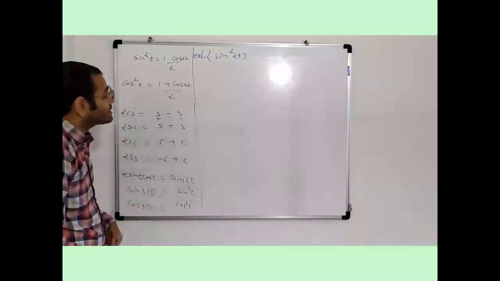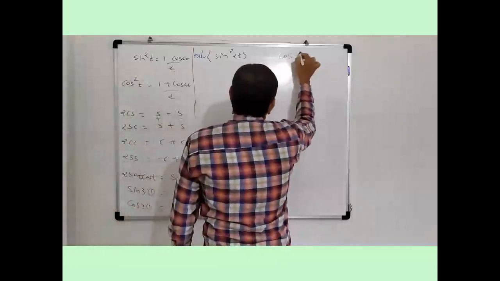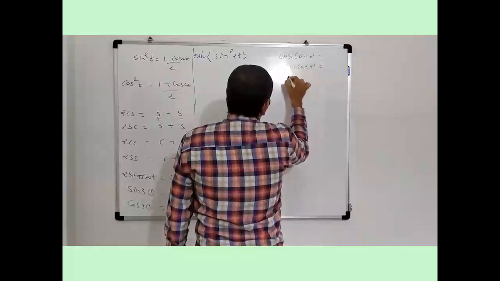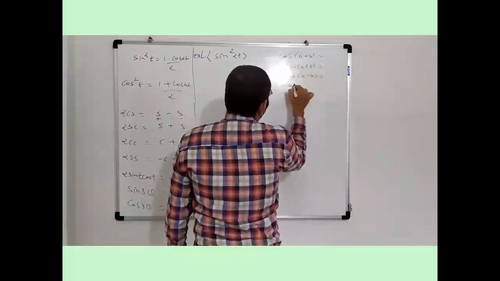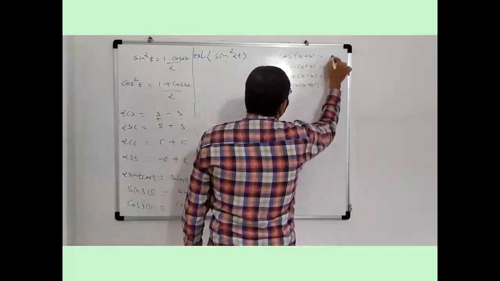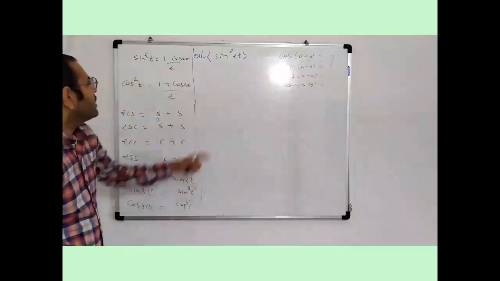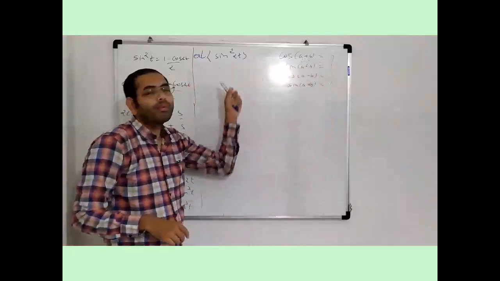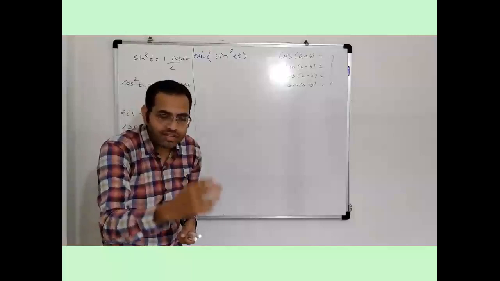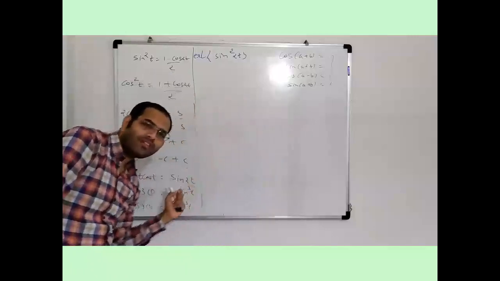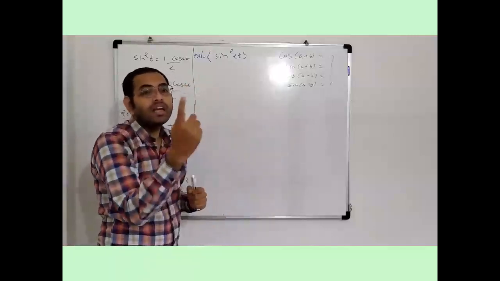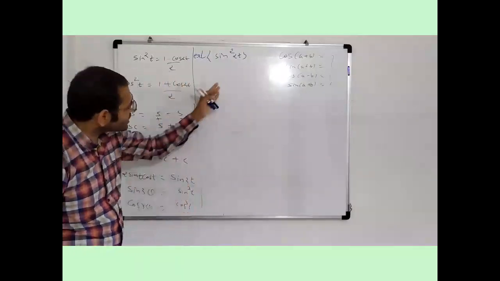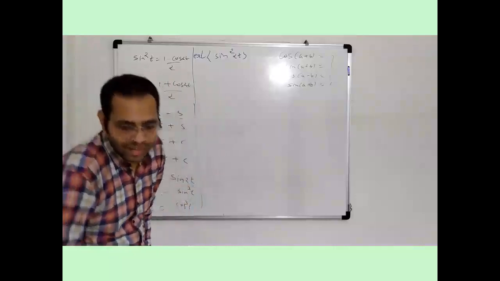Similarly, we have the basic formulas for cos of a plus b, sin of a plus b, cos of a minus b, sin of a minus b. We use all these formulas in this topic, because we cannot take the Laplace of a product form directly. First we use the basic trigonometric formulas, already learned in 11-12 science trigonometry. Clear? First we apply this formula, then we find the Laplace transform.